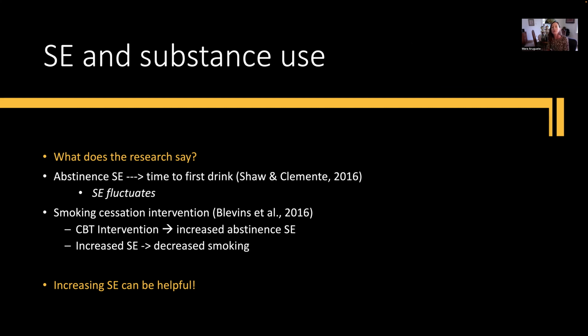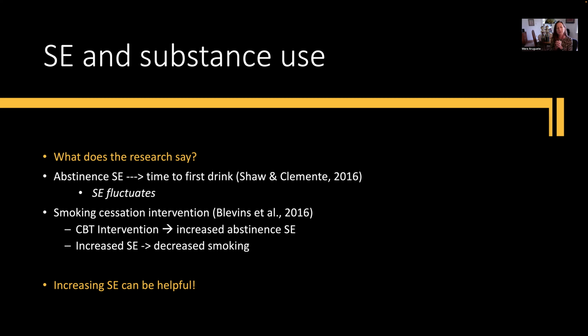So the more you feel like you can stay off of alcohol, the more capable you feel, the better you are at actually staying off of it. Self-efficacy, though, fluctuates. It goes up and down. At one moment you may feel really strong, and at other times you feel not so strong. That's what the research from Shiffman and Clemente says.